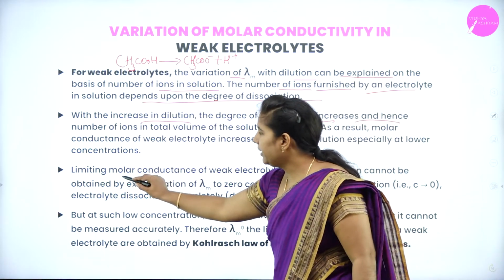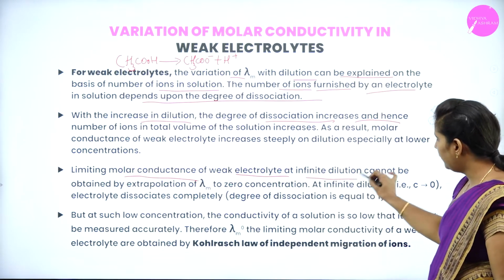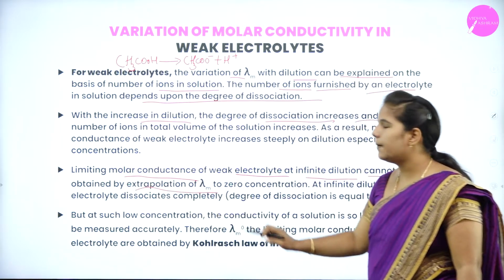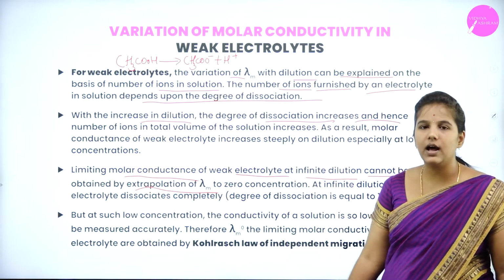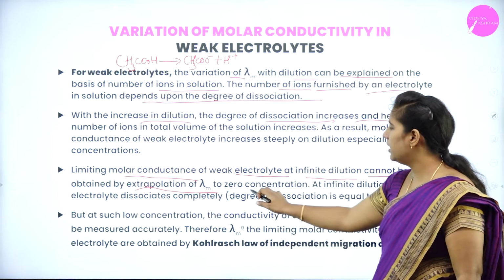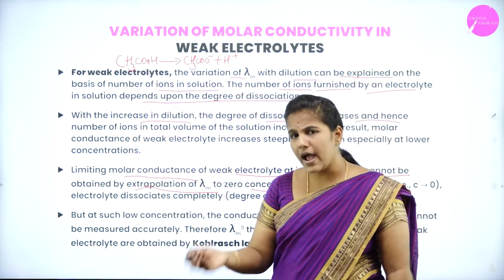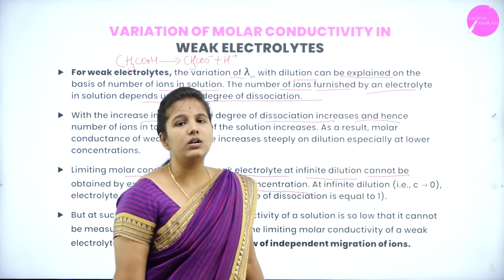But the limiting molar conductivity of a weak electrolyte at infinite dilution cannot be obtained by extrapolation of lambda m to zero concentration, which means that at infinite dilution the concentration never becomes equal to zero.